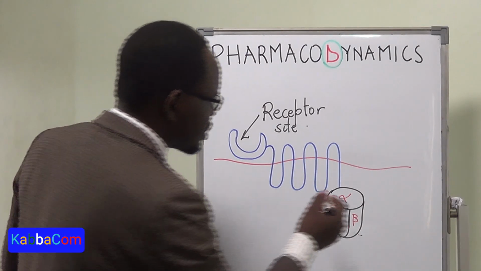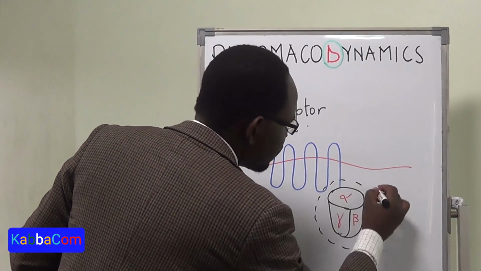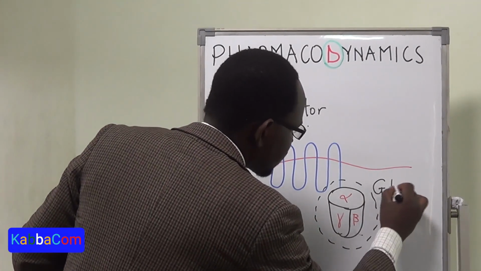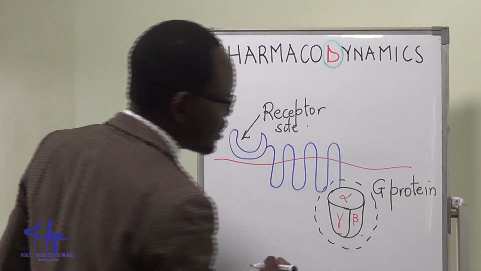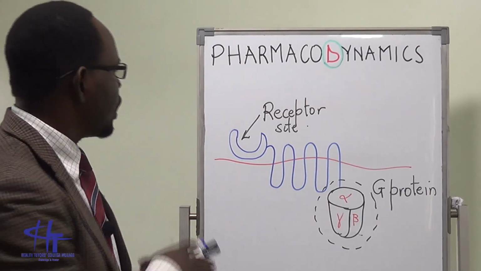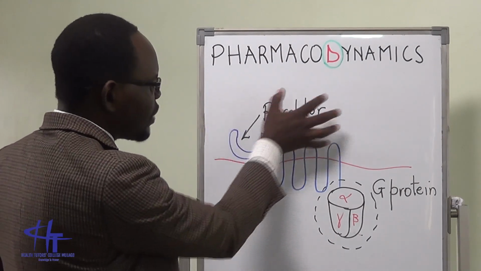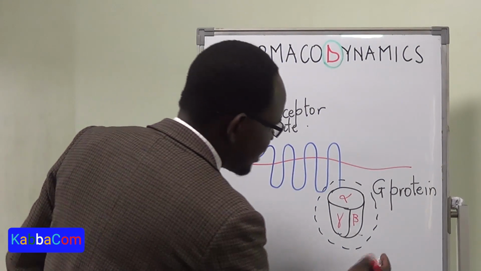The whole of this is what we refer to as the G protein. So this is the receptor site or the ligand binding site, and this is referred to as the effector.